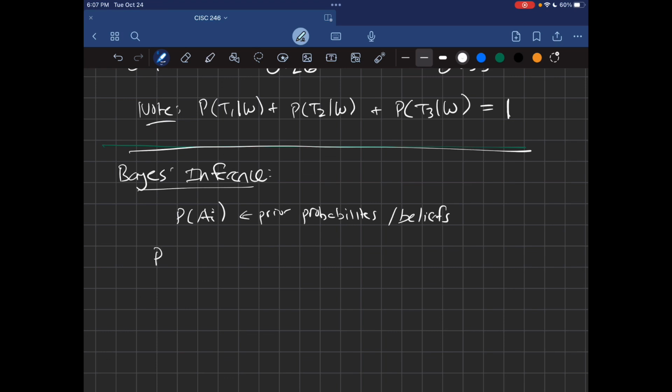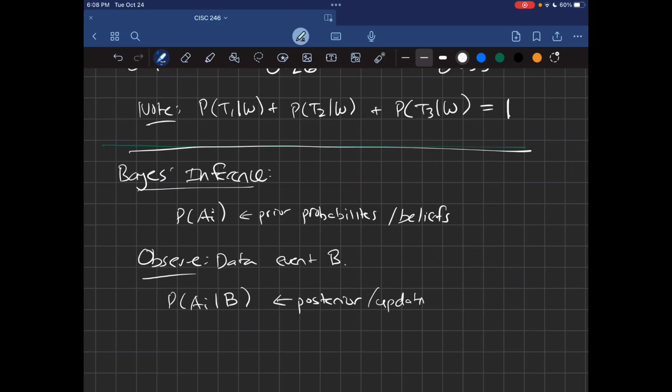So you have some prior experience that says it's going to rain, or it's going to be windy, or the waves are going to be good, or any type of thing that has some sort of prediction in it. And then we observe some data, and that's really event B. Then we want to recalculate our prior, and this is called the posterior. It's basically updating after data has occurred or has been collected.